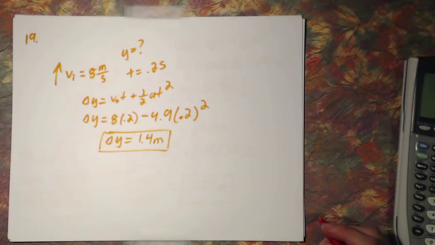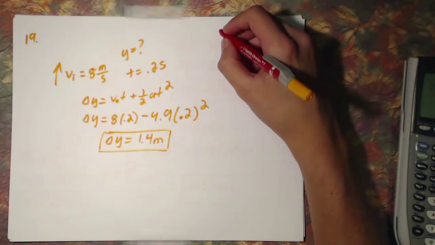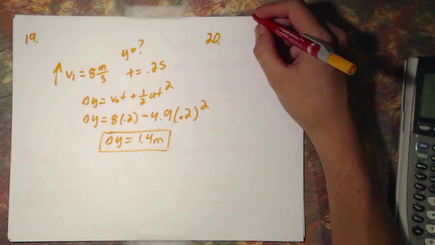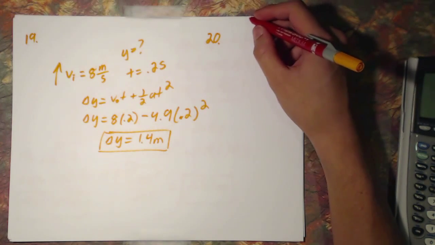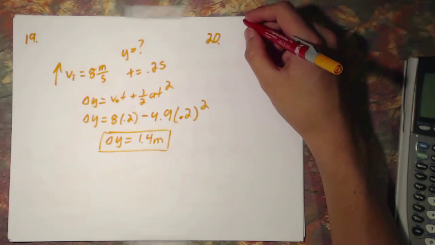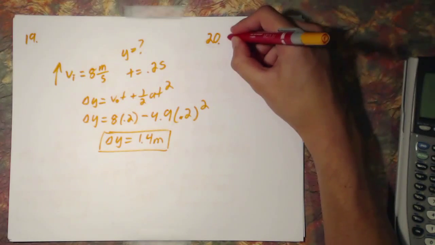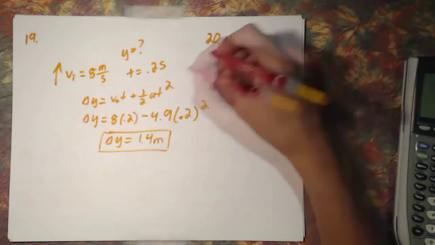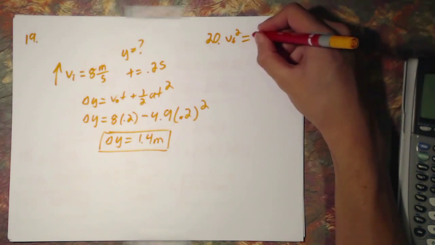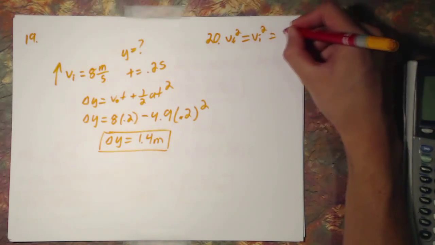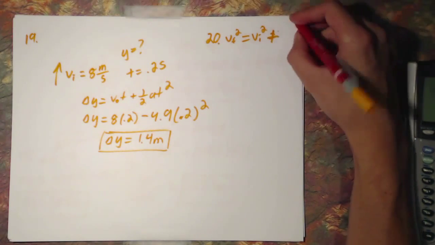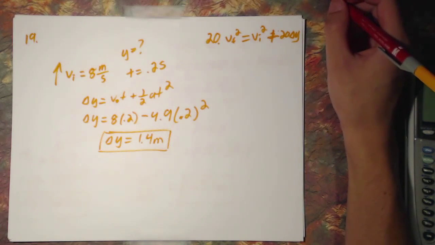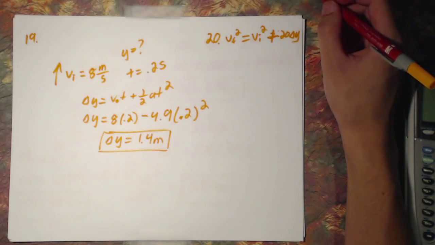Question 20 says, what will the maximum height of the penny be? Sorry, I just hit my mic. Hopefully that wasn't too loud. So for maximum height, we really don't want to do anything dealing with time, so we're going to use the timeless equation, because we're just looking for biggest delta y. V final squared equals V initial squared plus 2a delta y.